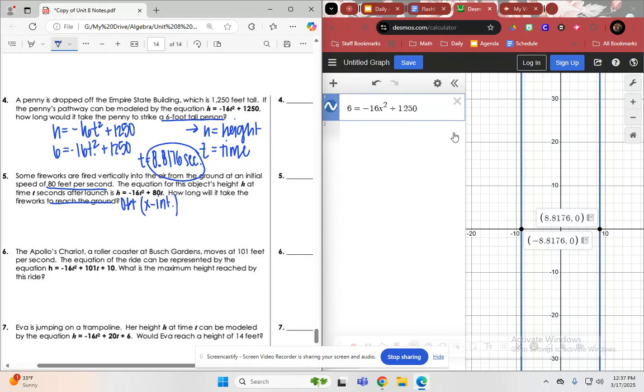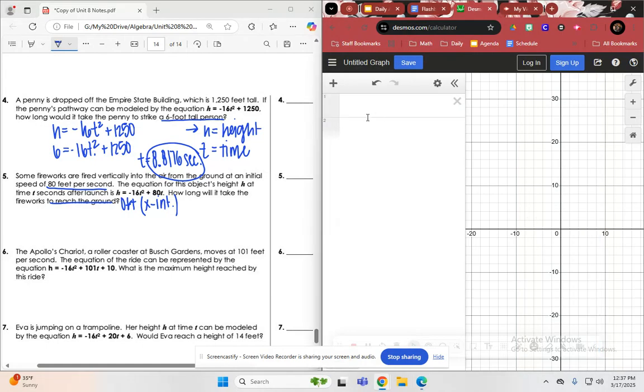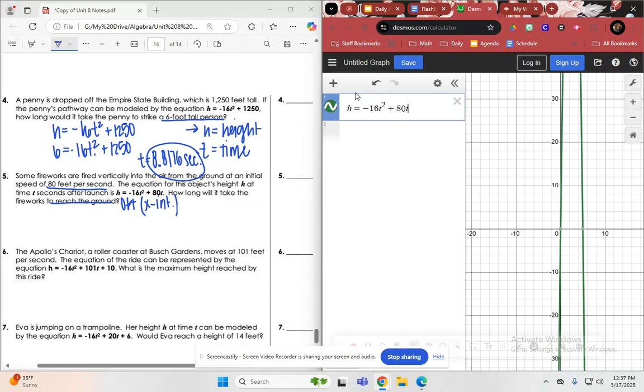So we're going to go ahead and put in our new h equals negative 16t squared plus 80t.